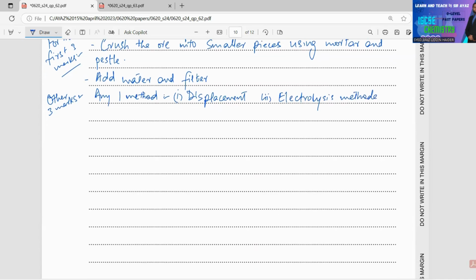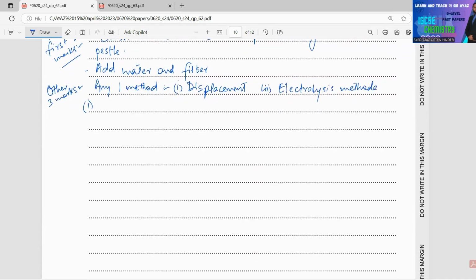Now, if you are going for the displacement method, you have 2 situations. You will either continue in the solid state or in aqueous solution. So I'll write A, in solid state.